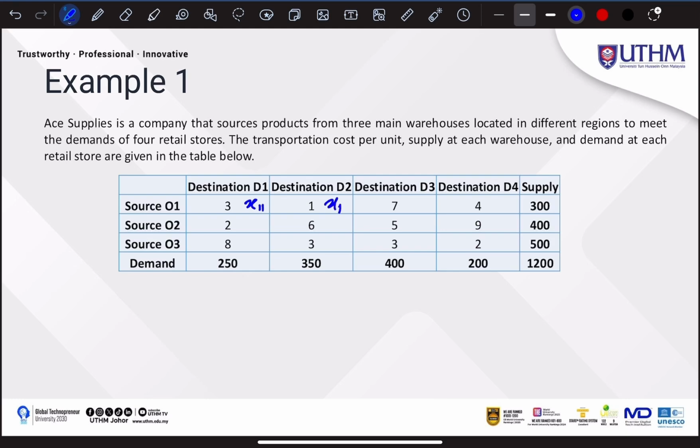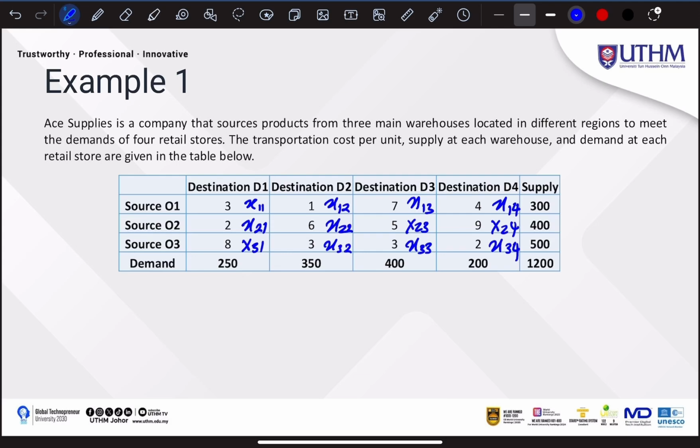And then this is X12, 1 for source O1 and 2 for D2, the column 2. Then first row, third column, first row, fourth column. The second row, first column, second row, second column, second row, third column, second row, fourth column. And then third row, first column, third row, second column, third row, third column, third row, fourth column. So these are the variables that we need to find.